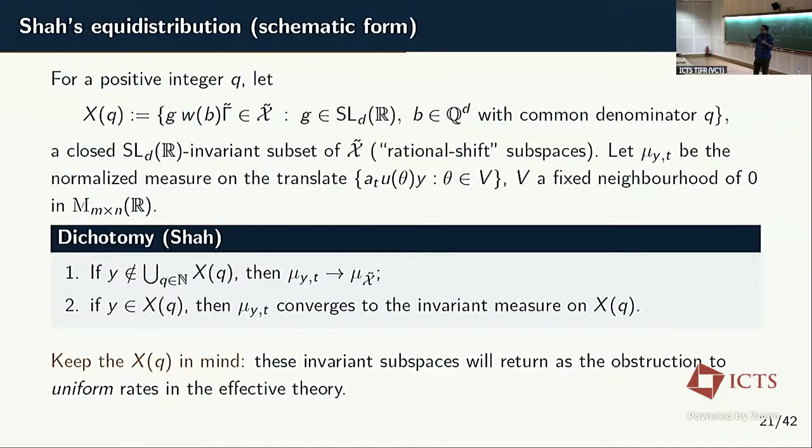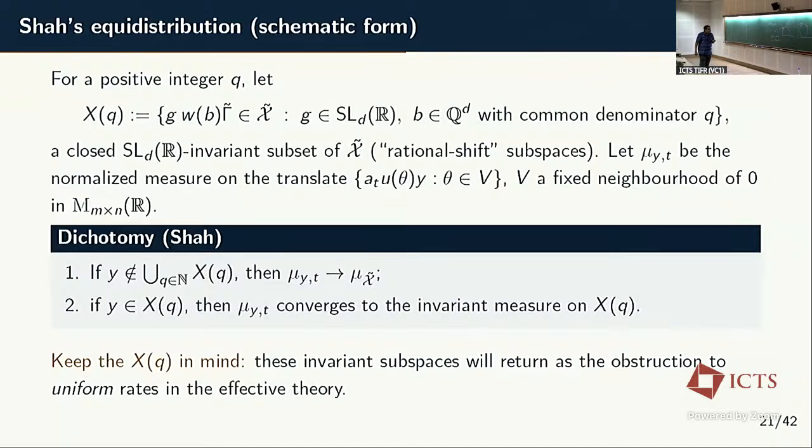It's like a version of a periodic orbit. Okay? You're not going to come out, so you're going to accumulate on this space. And so what Nimish proved is that if you don't start off on this space, then in fact, the orbit measure that you have weakly converges to Haar.